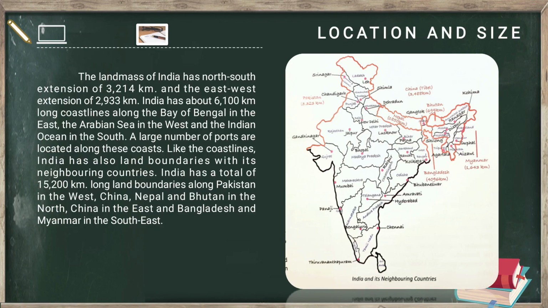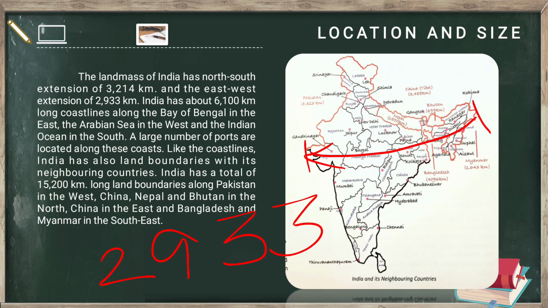And the east-west extension is 2,933 kilometer. So this is the eastern corner, and this is the westernmost corner. This length is how much? 2,933. You can remember like this.